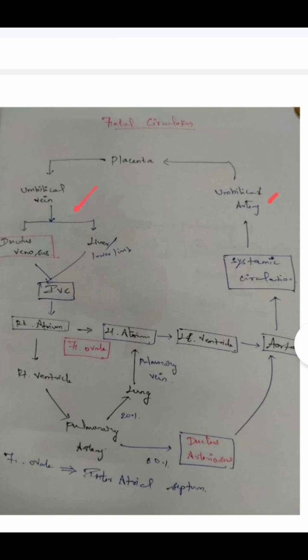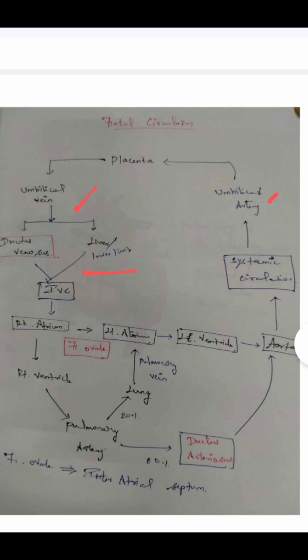The umbilical vein carries oxygenated blood. The umbilical vein directly sends the blood to the ductus venosus, which is present in the liver, and it bypasses and enters into the inferior vena cava through the ductus venosus. The inferior vena cava also gets blood from the liver, lower limb, and mainly the lower part of the fetus.